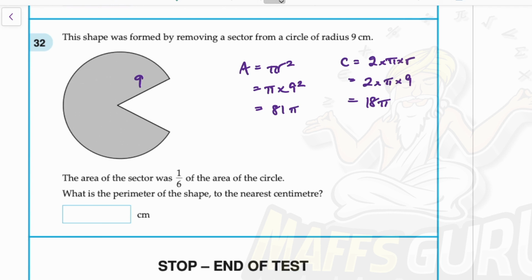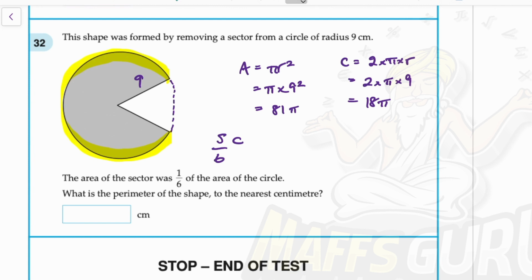Okay, so the area of the sector was 1/6 of the area of the circle. So the part of the circle that's gone missing is 1/6 of the whole circle. What we now know is we are looking for 5/6 of the circumference of the whole circle, because remember we're looking at perimeter, so we're looking at length.